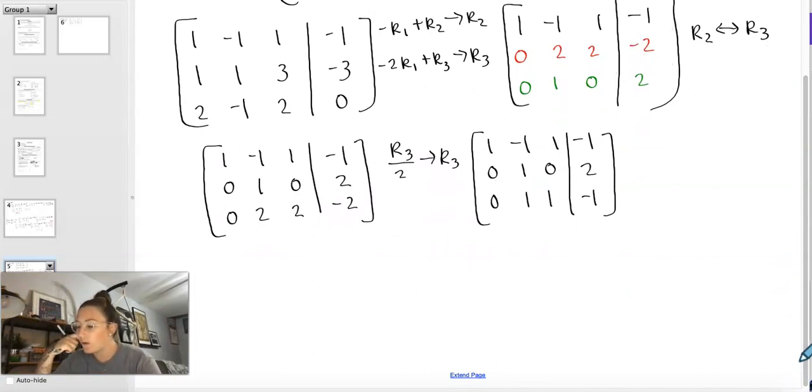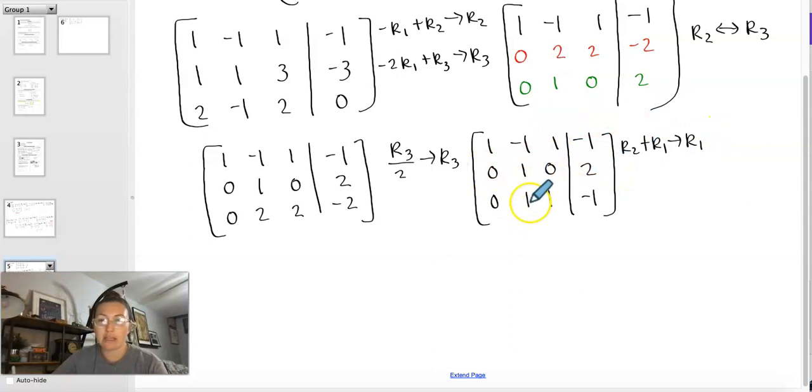Alright, so our first column, good. Second column, we want a 1 to be right here. We have a 1 right there. And then we want to manipulate this 1 to get this to be a 0 and to get this one to be a 0. So notice on this one, I can just add these two rows together and this will give me a 0, so I'm going to do that. Row 2 plus row 1, and we're replacing row 1. Okay, row 2 is good to go.